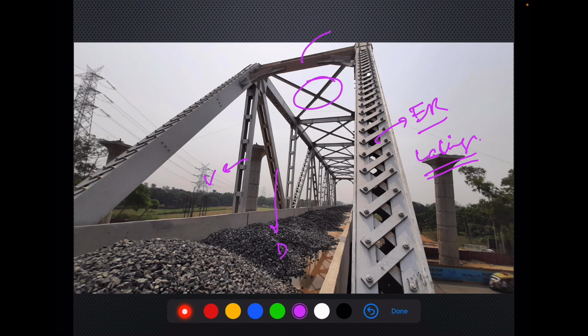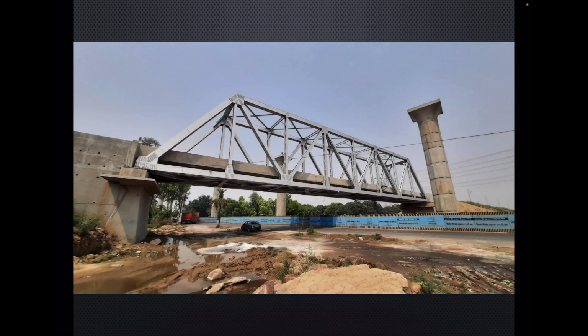We can see this portal girder over here, and these are portal bracings provided over here. As usual, this is our concrete deck. This is parapet wall, and stone ballast can be easily spread on the deck, and ordinary concrete sleepers track can be continued over the bridge also without any difficulty. So let's move on to the next.